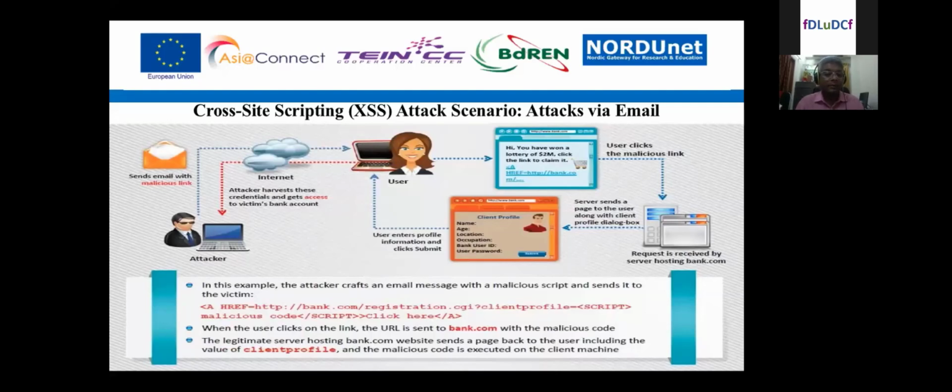Now, how can the attacker attack using email? The attacker is sending a request to the user that says, oh, hi guys, you have got $2 million, so please click on this link.